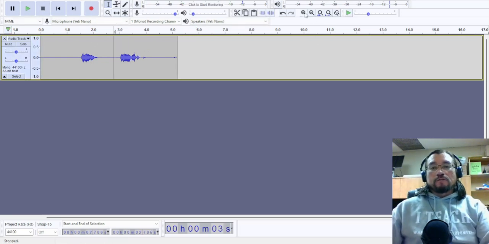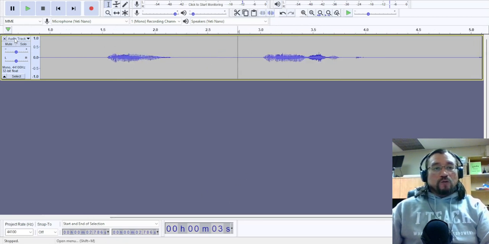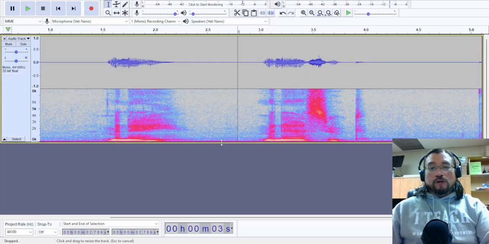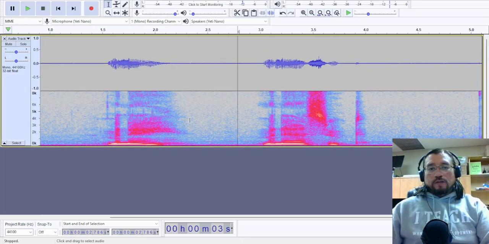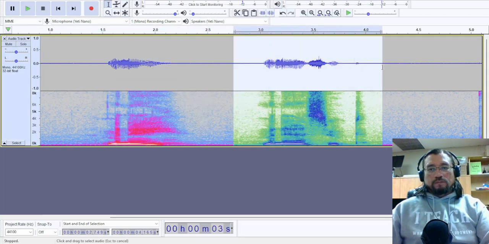Okay, so I'll delete some space. I'll zoom in. I'll go to multi-view. Waveform at top. Spectrogram down below. Let's listen to the first one. Mene. And let's listen to the second one. Menasut.